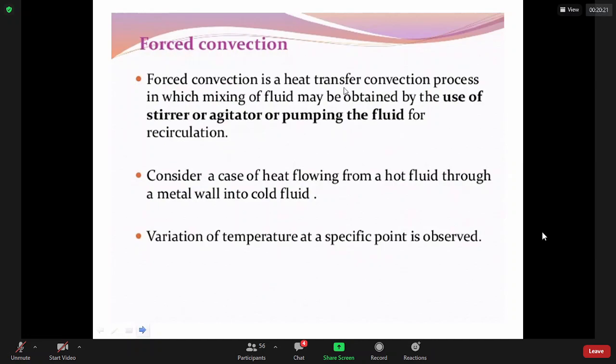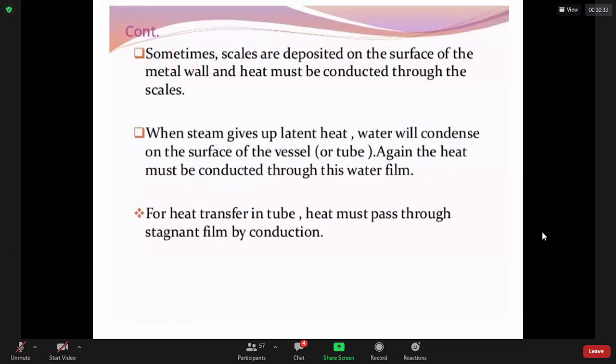So that is the stagnant film. Now, those stagnant films can develop into scales, and if heat is to be transferred from the hot surface through that film, it must be done by conduction.